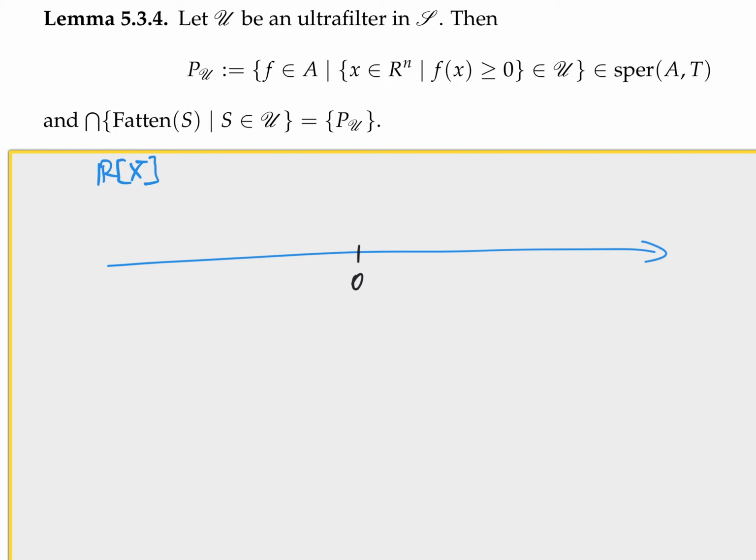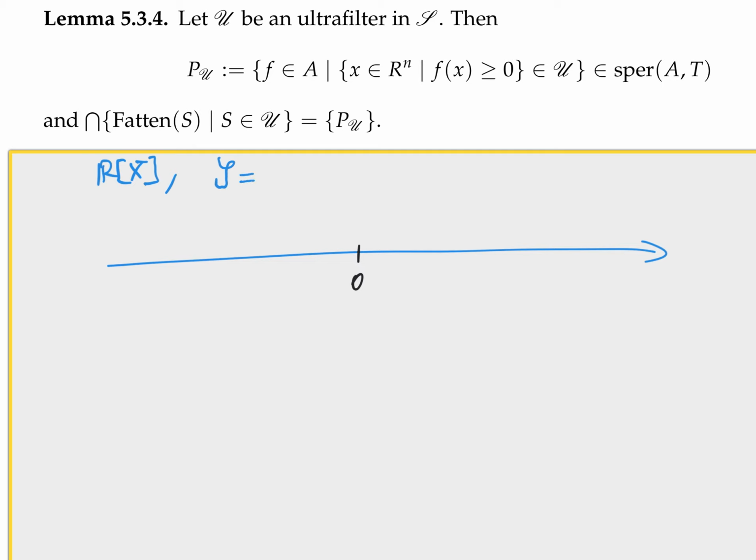And now I know how the k-semialgebraic subsets of R^n look. So I take k equal R.